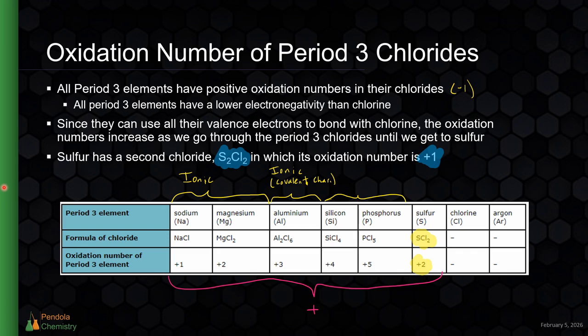So these are all going to be covalent in nature because we have either metalloid or non-metal bonding with chlorine, which again is a non-metal. So this is going to give these compounds of chlorine their specific properties, which we'll discuss in the next section.